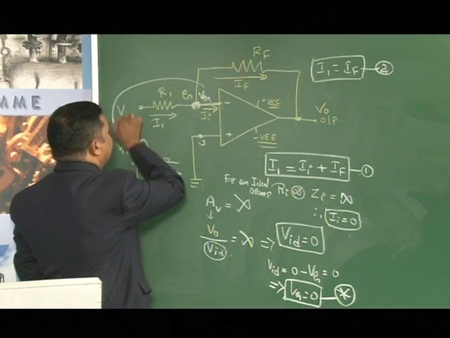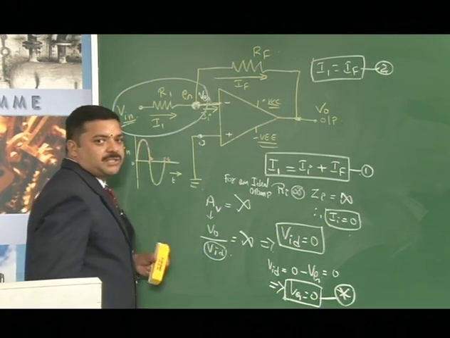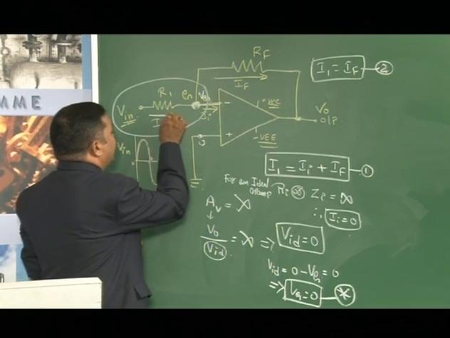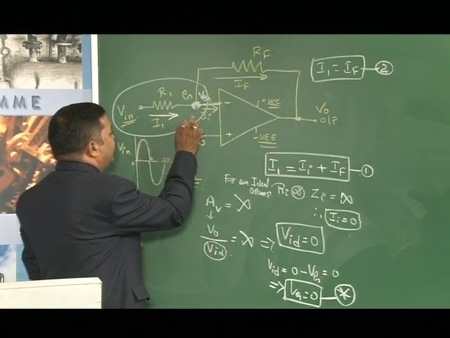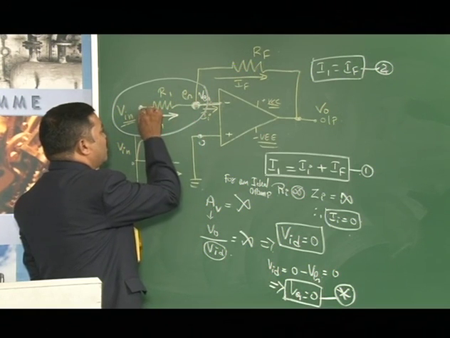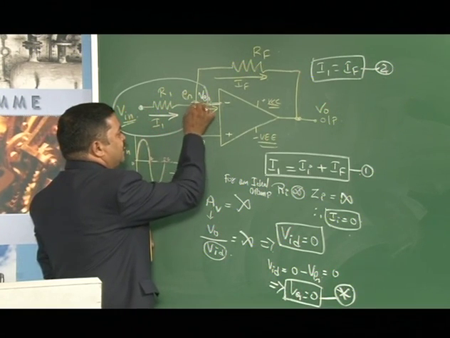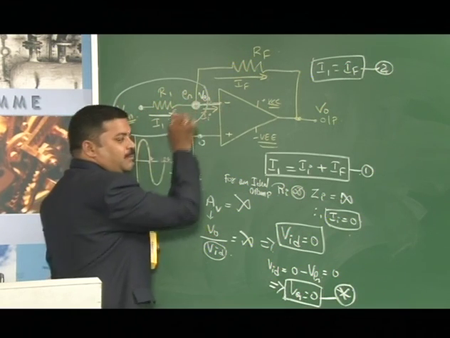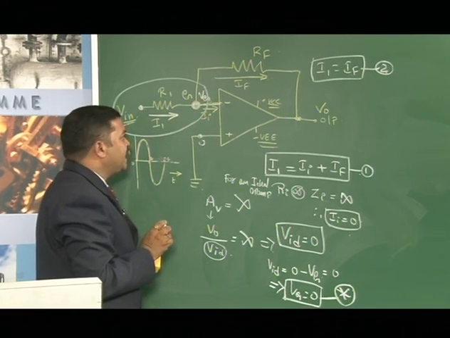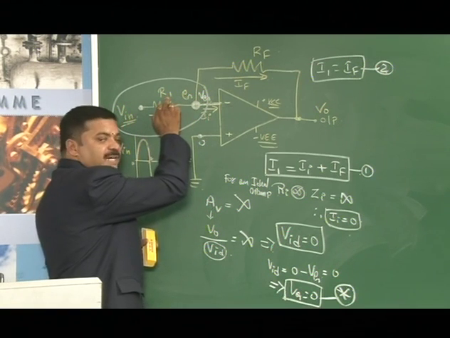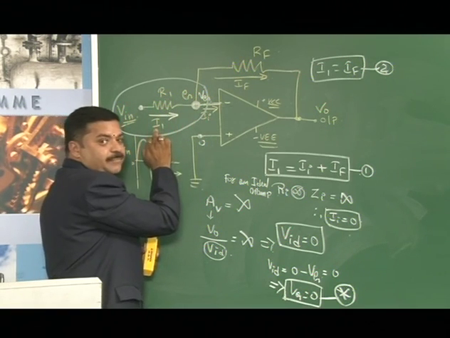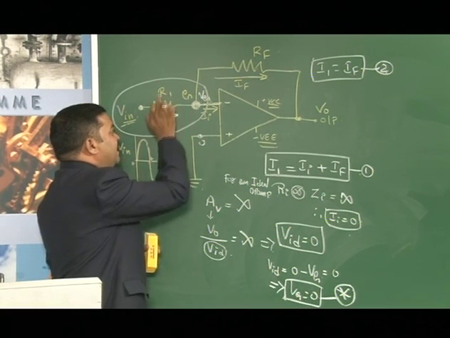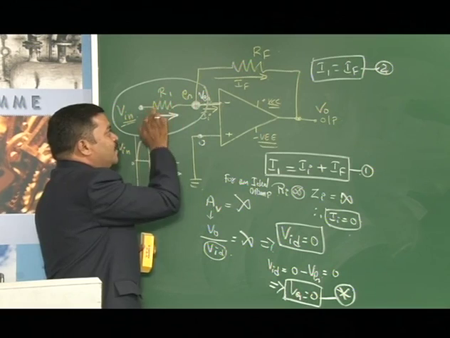Again here we need to consider nodal voltage analysis, which is one of the applications of Ohm's law. The arrow mark we must consider from here to here. Therefore, the voltage at this node minus the voltage at this node is Vin minus Vg. You know that voltage divided by resistance, by Ohm's law, is current. Therefore, Vin minus Vg by R1 is the current flowing through R1.